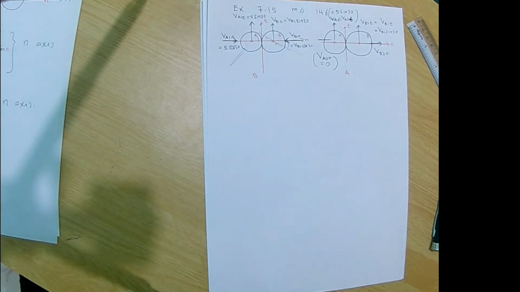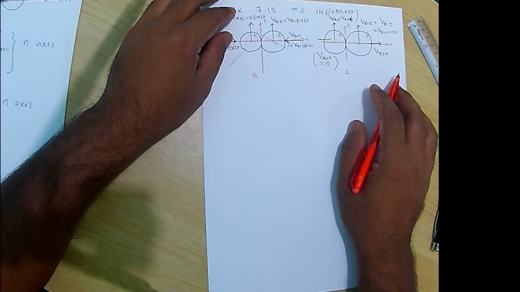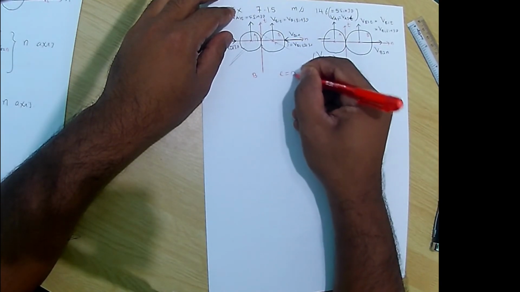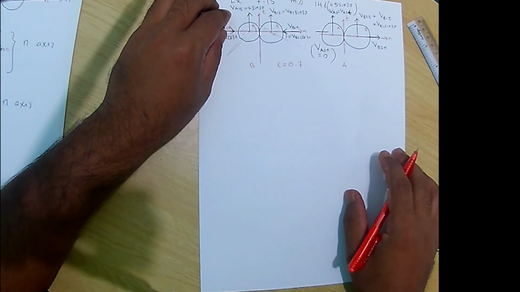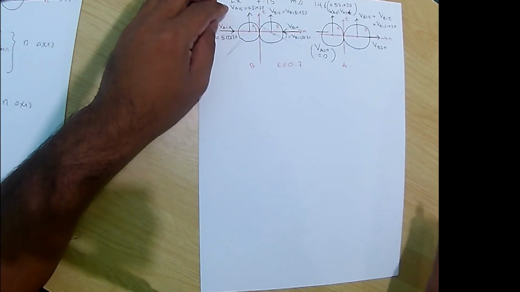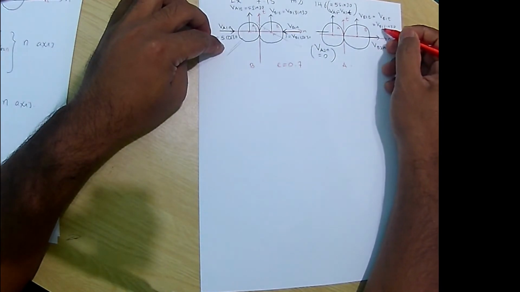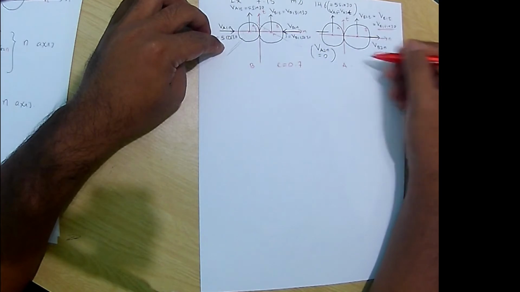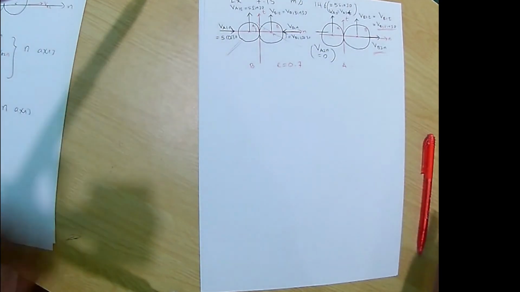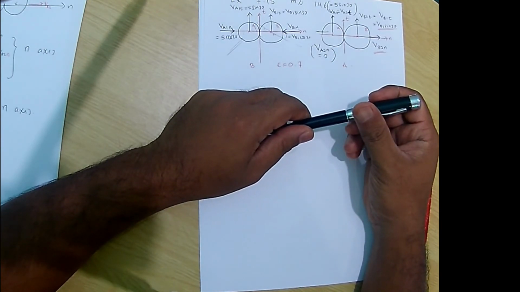Given that E is 0.7, the question asks to determine the velocity of B just after impact. So we want to know VB2n and VB2t in order to know VB. First equation, we can use coefficient of restitution.